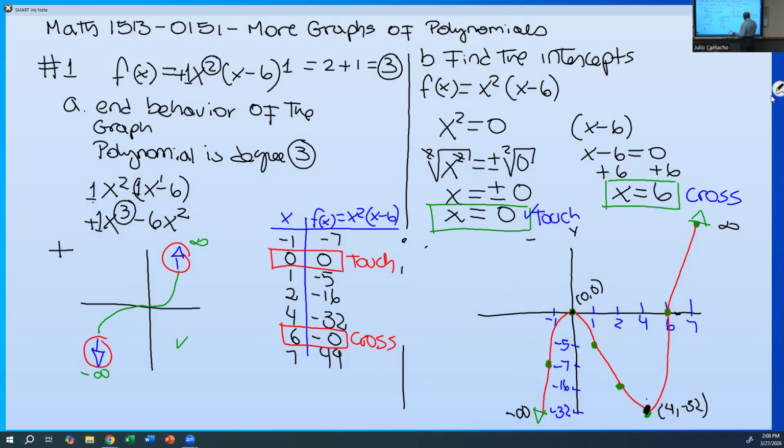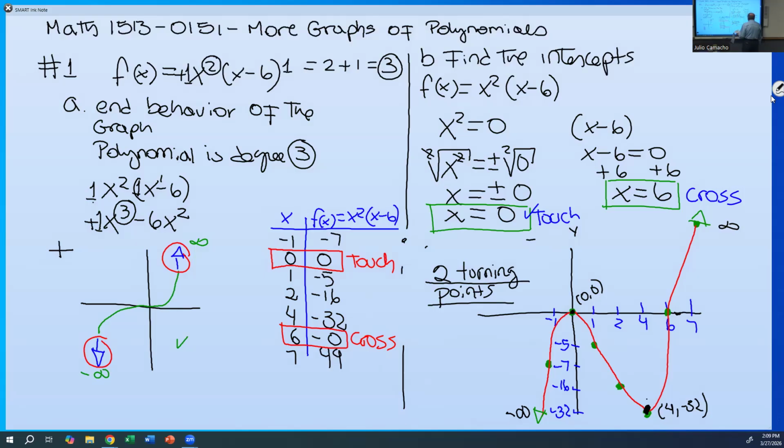The places where the graph stops increasing and starts decreasing, or stops decreasing and starts increasing, are called the turning points. If I ask you how many turning points we have here, you say, well, I only see 2 black points, Mr. Camacho, 0, 0, and 4, negative 32. And that is true. We have only 2 turning points in this graph. And that is the last question of this assignment, how many turning points you have.